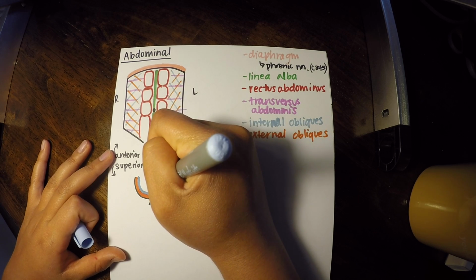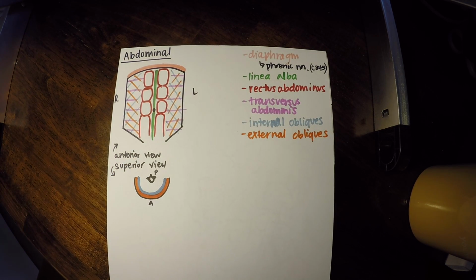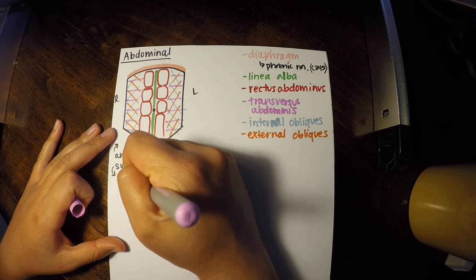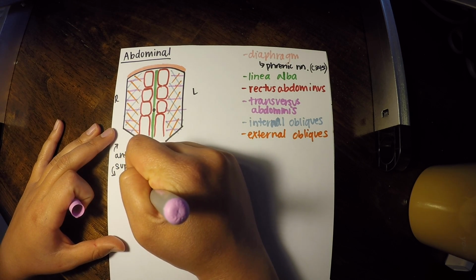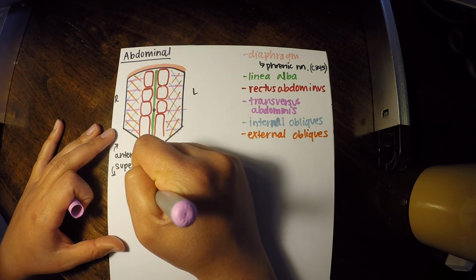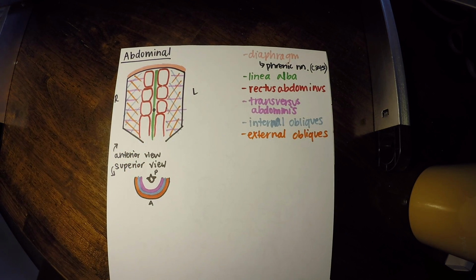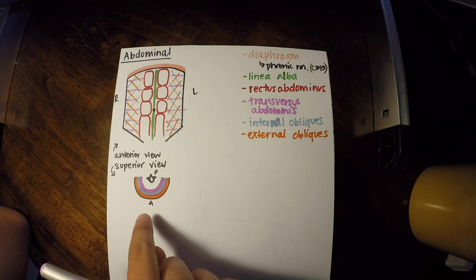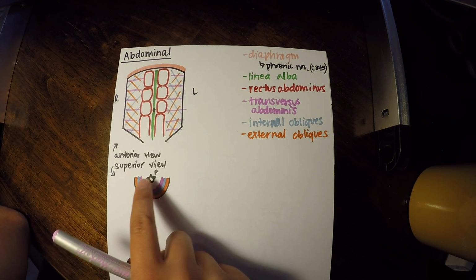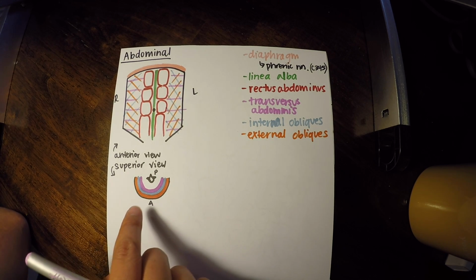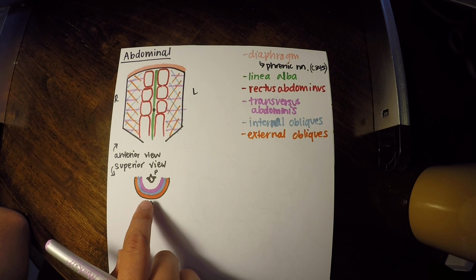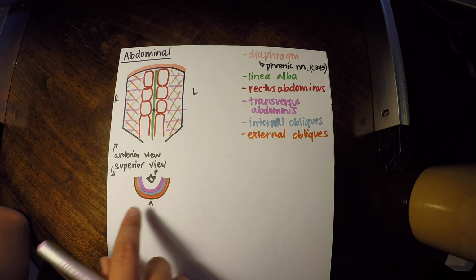And then the deepest abdominal muscle overall is going to be our transversus abdominis, which again, it kind of makes sense, right? Because the action of that is to help compress the abdominal viscera or abdominal organs. Now, this of course is not really drawn to scale, so you have a bunch of organs and stuff that sit right behind the abdominal muscles, but I just wanted you to see another view of how these muscles are stacked.